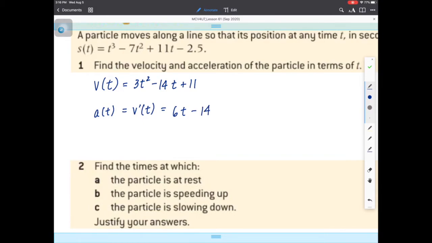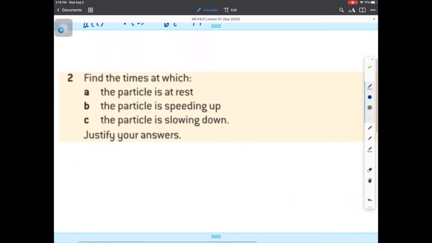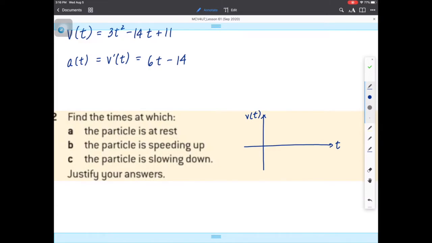In number 2, you're interested in finding the times at which the particle is at rest, the particle is speeding up, and the particle is slowing down. A quick way to visualize this is to think about the graph of v of t. You can use your graphing calculator to do this, which saves some time, or you should have done this already.